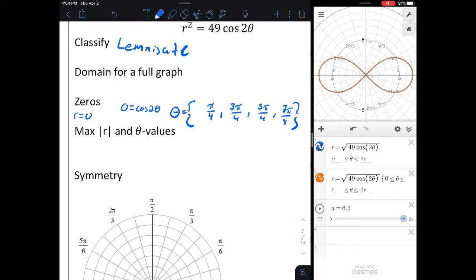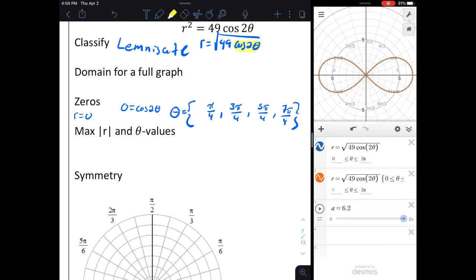Now, so that's everywhere that this graph is crossing the pole. Now, here's the thing to keep in mind: with the way we have this curve typed in Desmos as r is equal to the square root of 49 cosine of 2 times theta, we know that it's possible for cosine to produce negative values. And if I take the square root of a negative number, it's non-real.